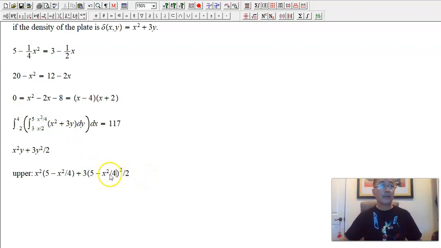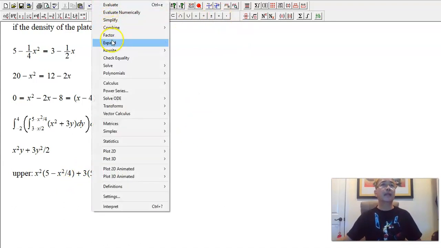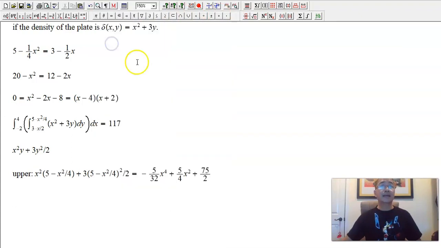Okay, so we know how to square a binomial, right? 25 minus 5 over 2 x squared plus x to the 4th over 16. We have to divide that by 2, multiply by 3. You know what to do. So I'm just going to click equals, or I think I should say compute and expand. Yeah, okay, that's what we want.